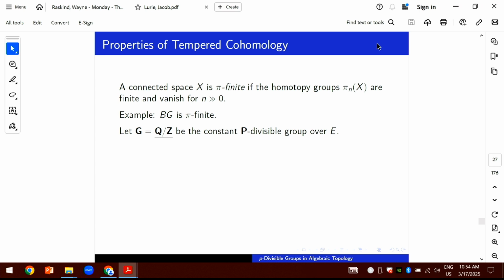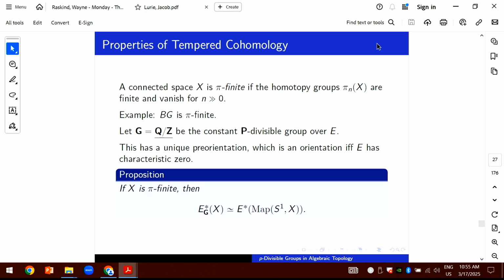And now I want to take a stupid example of a p-divisible group. Namely, I'm going to take a constant p-divisible group associated to the discrete group Q mod Z. This always has a unique pre-orientation, and that pre-orientation is an orientation if and only if E is in characteristic 0.